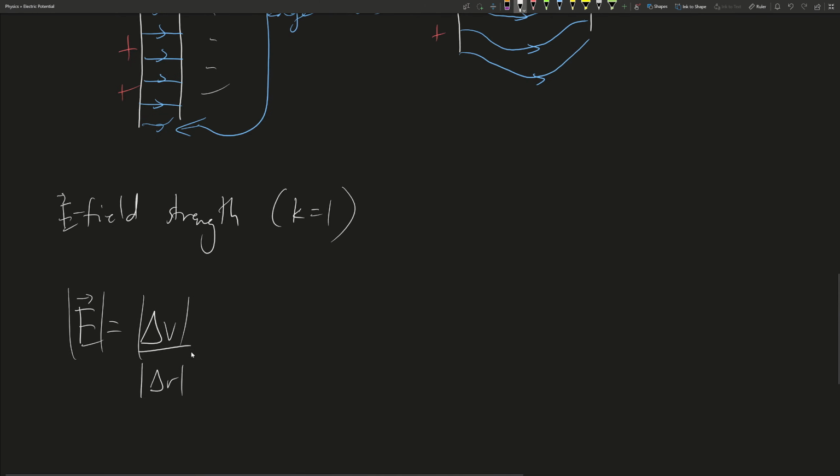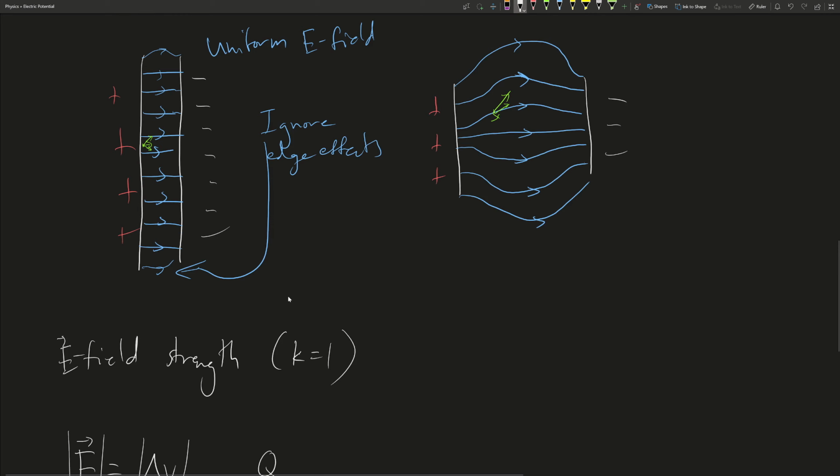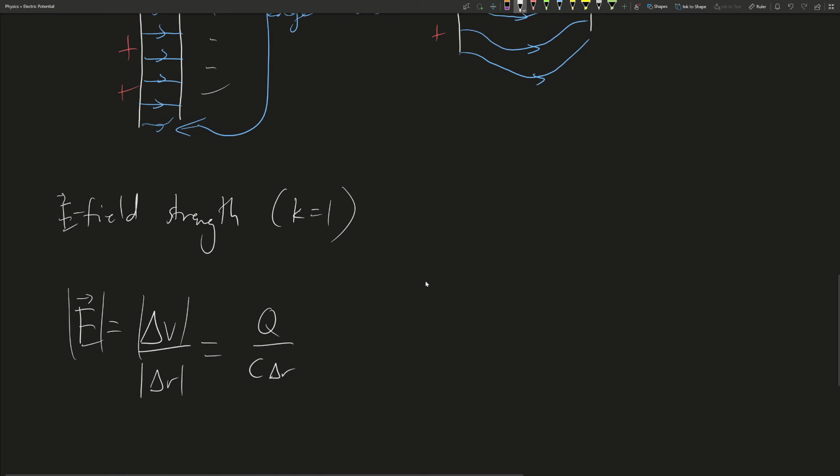So this is going to be equal to charge over capacitance times change in r. And now we find that capacitance, remember, is equal to K epsilon naught A over d. So this d here is going to be the same as this difference in r, because the voltage is going to be the voltage across both plates. So this change in position here is going to be the separation of the plates.